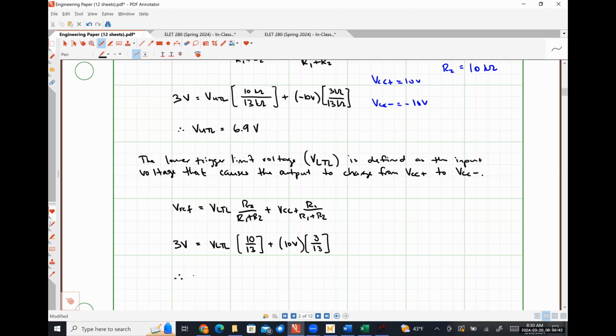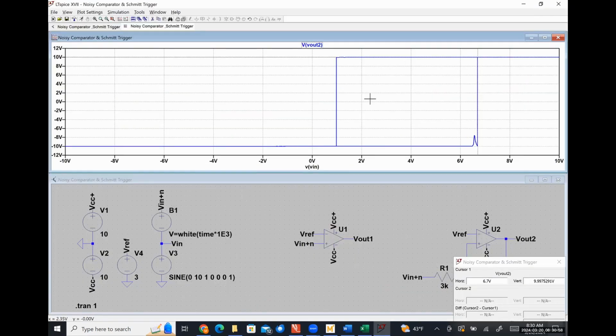And if we solve for that lower trigger limit voltage, it comes out to be 0.9 volts. Once again, agreeing pretty well with what we saw on the graph. And we can check that out specifically by just moving our cursor over here.